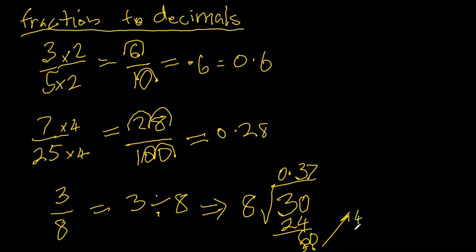Then we add a 0 to it, and 8 into 40 is 5. So basically, 3 over 8 is the same as 0.375. This is how you can use long division to convert a fraction if you are not allowed to use a calculator. All right, thanks for listening in.